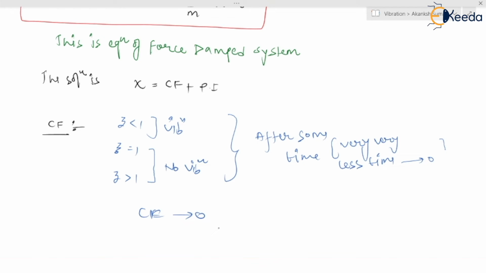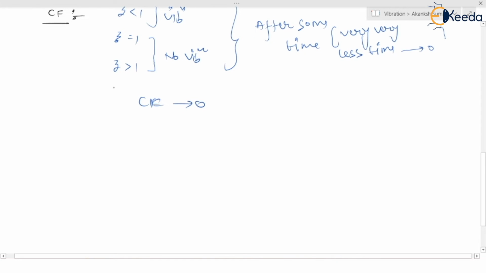Decreasing exponential in the sense that in a very short time, the complementary function becomes 0 as time goes on. That's why it becomes 0 after some time. So if the complementary function becomes 0, the solution becomes 0 plus PI. That means the solution is equal to PI.